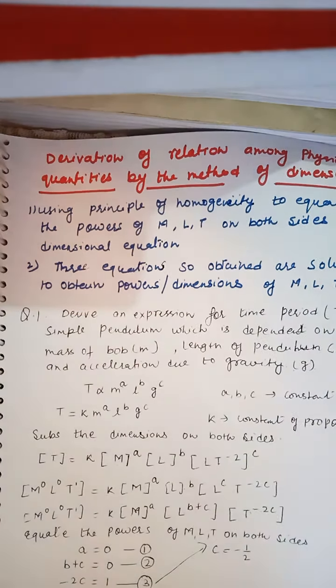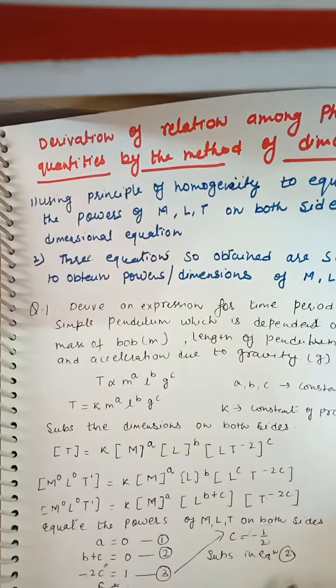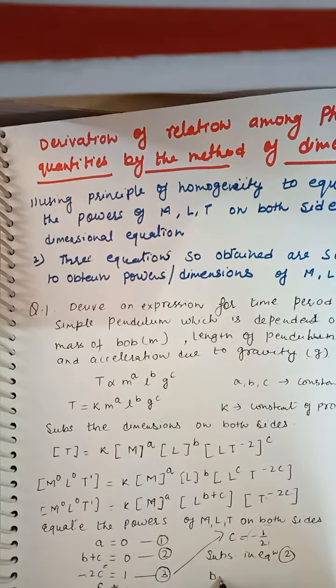Substitute the value of c, minus 1 by 2, in equation 2. When you substitute it, what will you get? b plus the value of c, that is minus 1 by 2, is equal to 0.